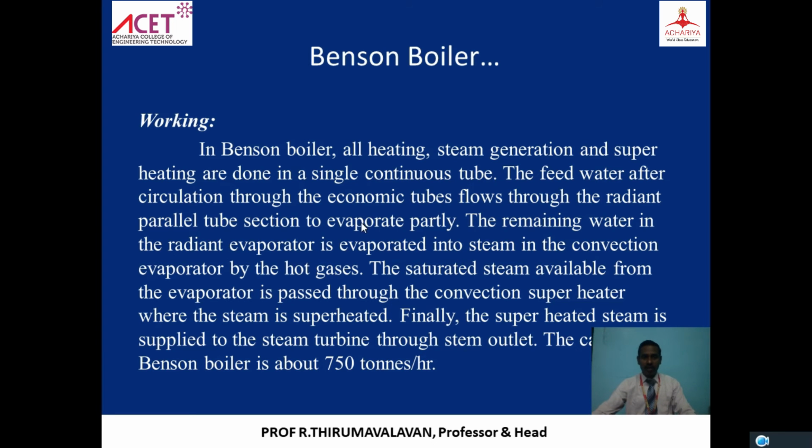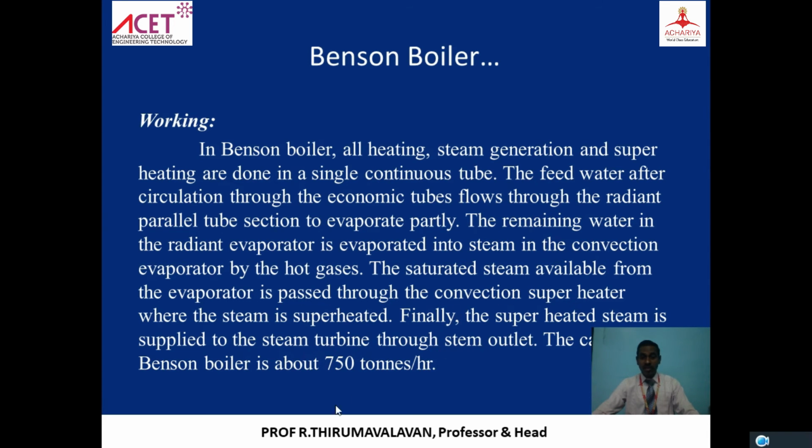The feed water, after circulating through the economizer tube, flows through the radiant parallel tube section and evaporates partially at the bottom. The remaining water is evaporated in the convection evaporator by the hot gases. Saturated steam means it has some amount of water. The evaporated steam passes through the convection heater, where it is superheated. Finally, the superheated steam is supplied to the steam turbine.